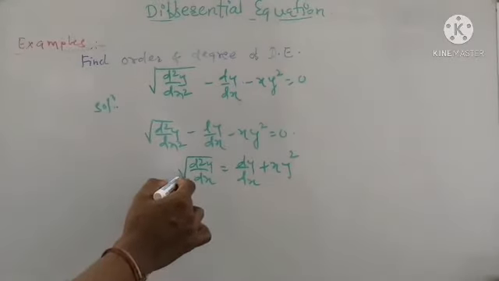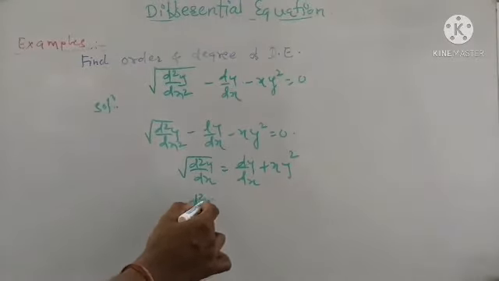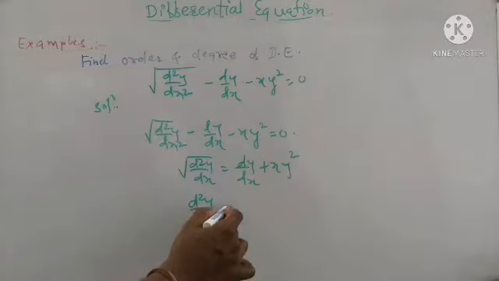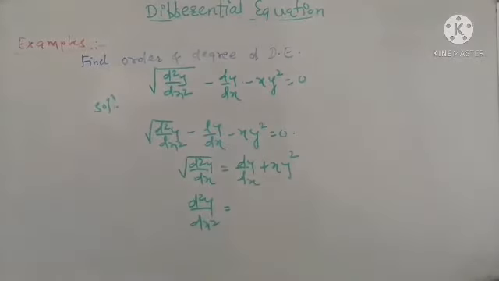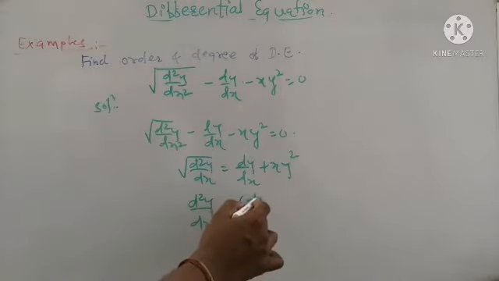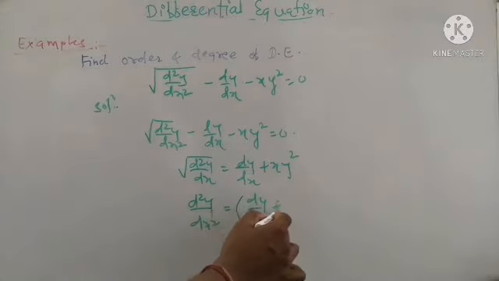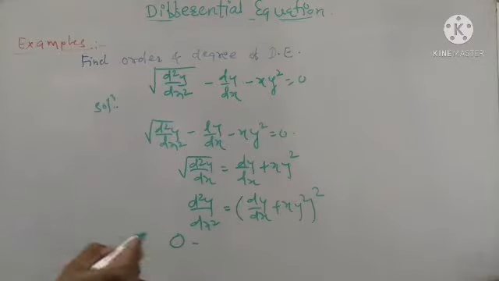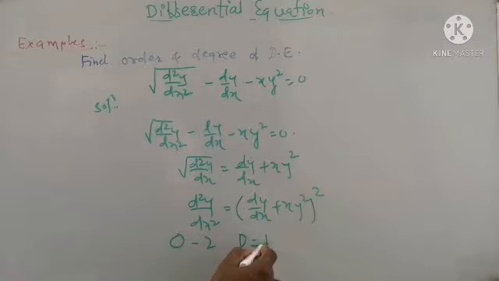By taking the square, the root on the left hand side gets cancelled and we get the term d square y by dx square. As the terms on the right hand side are in addition, we can't take a separate square of each term, so we take the square of the addition, that is dy by dx plus xy square bracket raised to 2. Now this is the equation which is free of radical sign, so we can define the order and degree of this differential equation. As d square y by dx square is the highest order derivative operator, the order of the differential equation is 2, and the power of that term is 1, so the degree is 1.